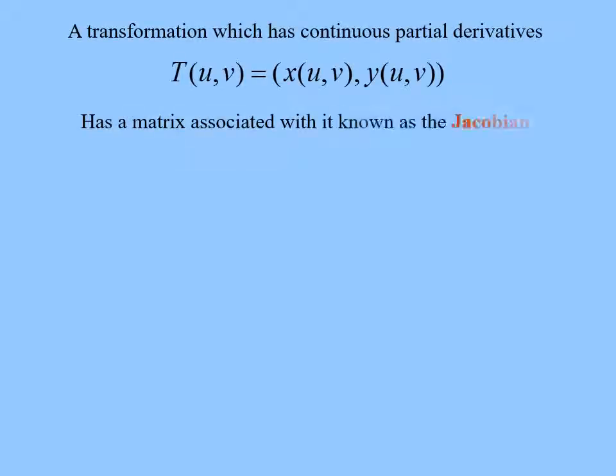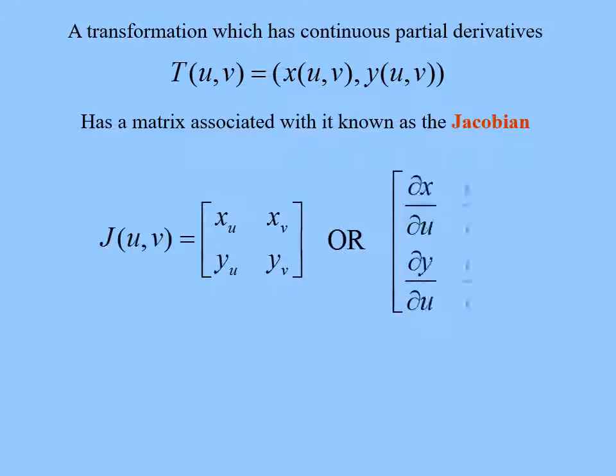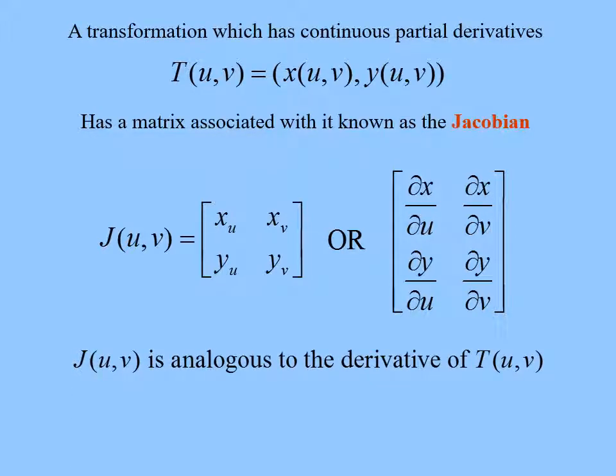Now what we want to do here is learn about the Jacobian. The Jacobian is a matrix involving the partial derivatives. I'll show you where that comes from.